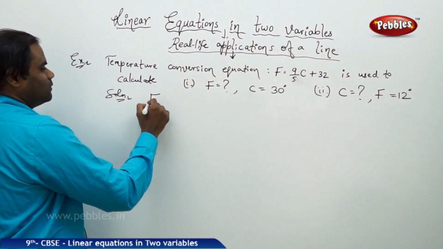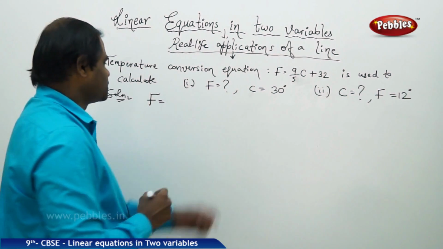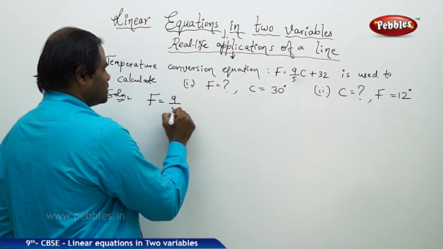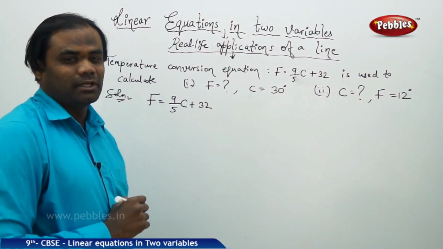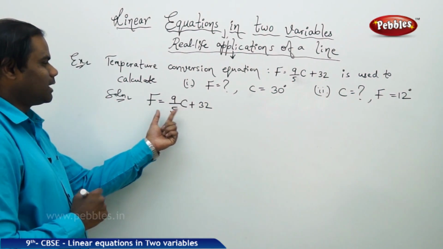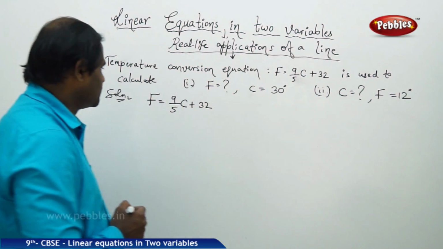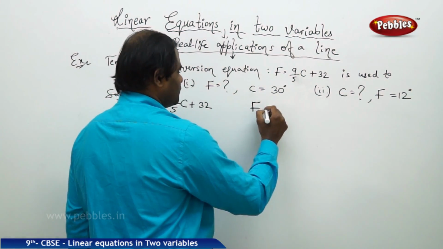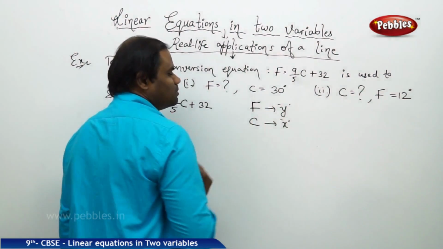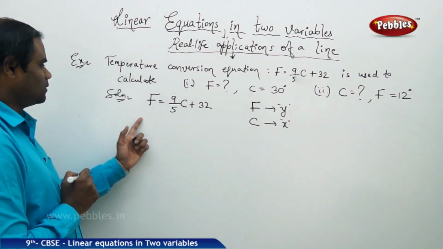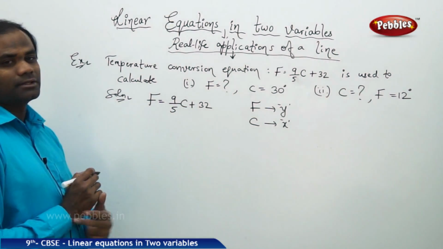The given conversion equation, the linear equation, is F equals 9 by 5 C plus 32, which is clearly in the form y equals ax plus b. Here F is assumed to be the y coordinate and C is assumed to be the x coordinate, where y equals 9 by 5 x plus 32.